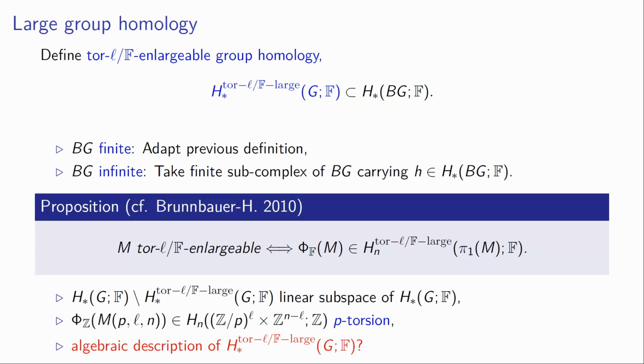And now it makes sense to talk about epsilon-Lipschitz maps from this space to a sphere. And it's rather straightforward to copy the previous definition to this more general context. Namely, when you take a homology class in BG, then you find a finite subcomplex of BG that carries that class. And then you can more or less write down the previous definition, taking this finite subcomplex, replacing the manifold.